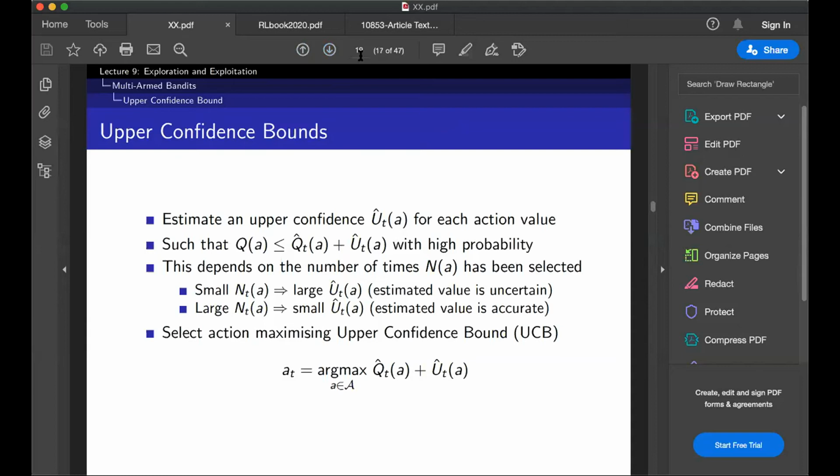Now, how does this come into play? So the idea is, right now you have an estimate of Q. You have an estimate of what you're going to get when you pick an action. You're going to add a bonus term, which is the upper confidence bound. You are not going to choose an action based on just your current known estimate of Q, but based on the current known estimate of Q plus a bonus term.